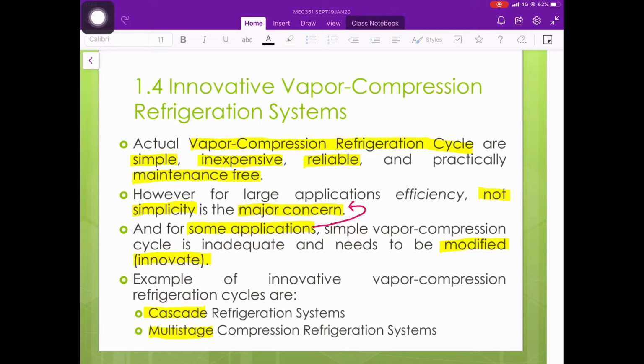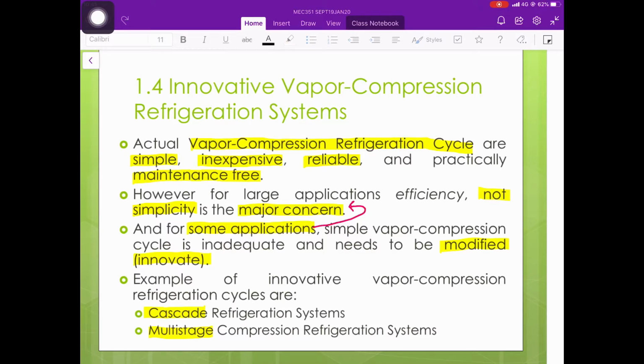However, for some applications, such as large applications where the simplicity is not a major concern, the simple vapor compression refrigeration cycle, as discussed previously, is found inadequate and modification needs to be done.